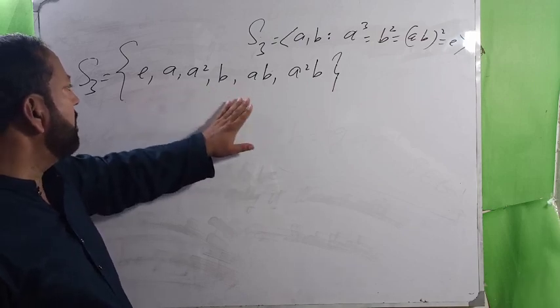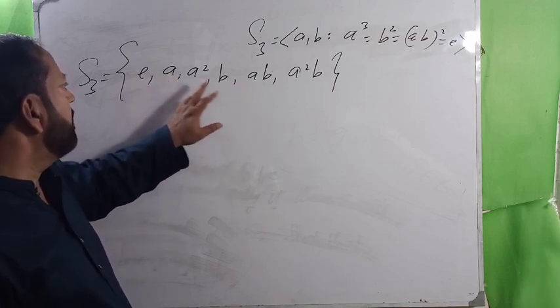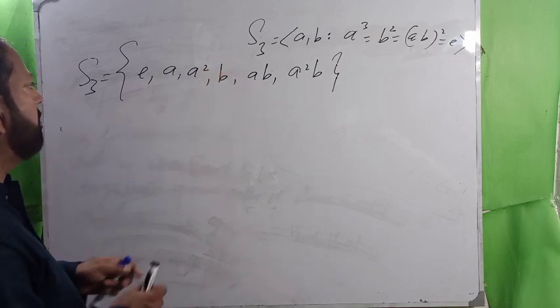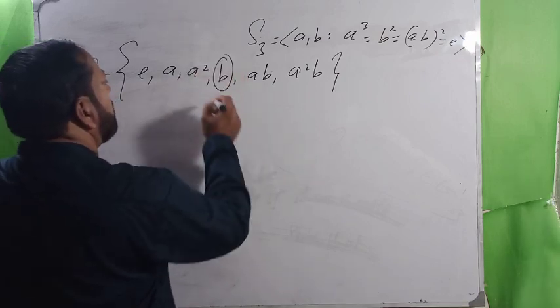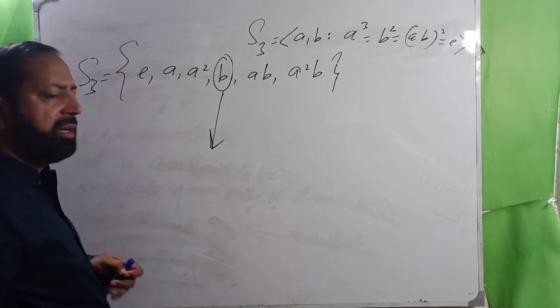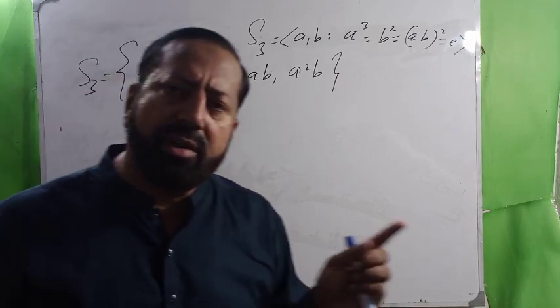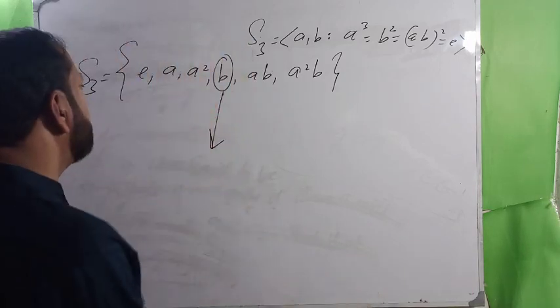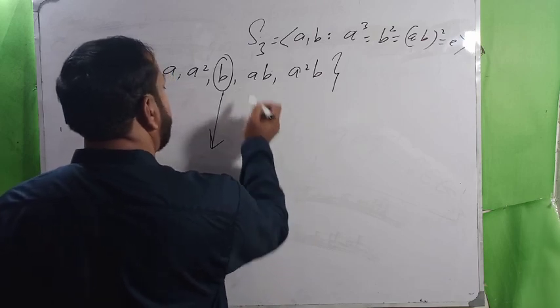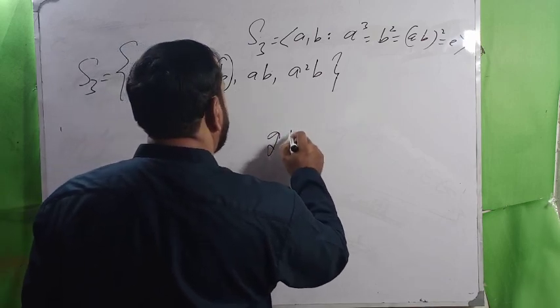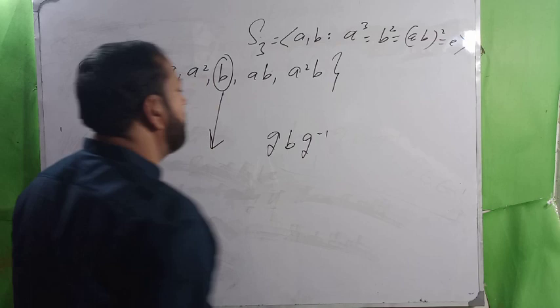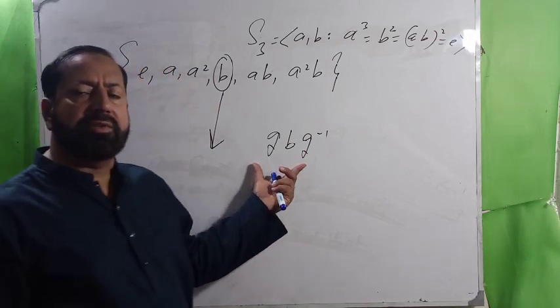Okay, so you take any element a, or you take any element b. Can you find an element conjugate to this b? You just write, take any g b g inverse. We need to calculate this g b g inverse.